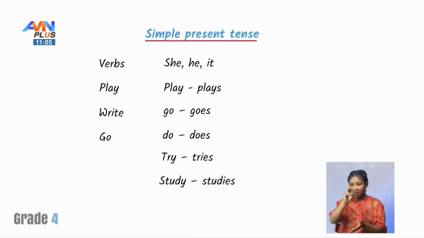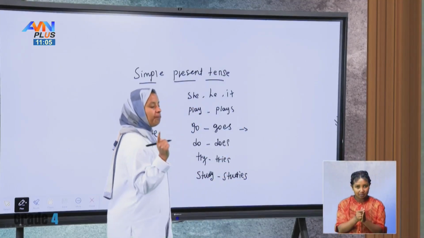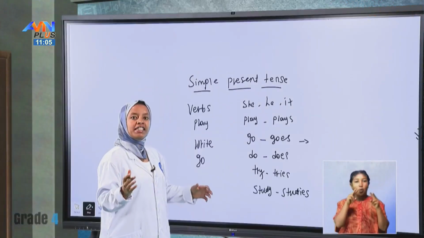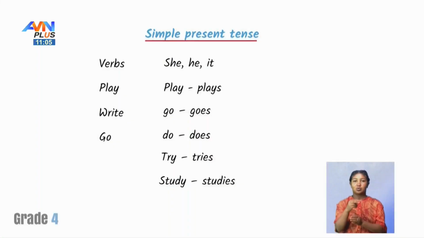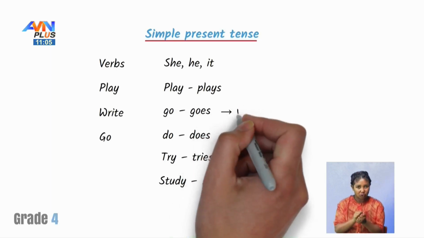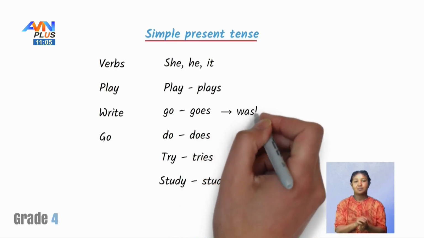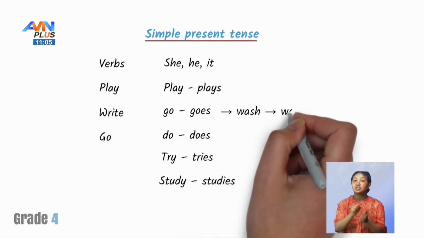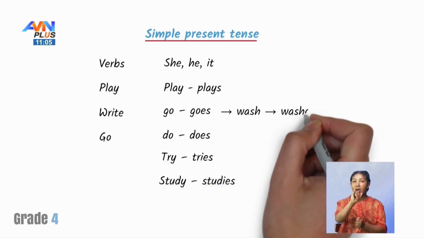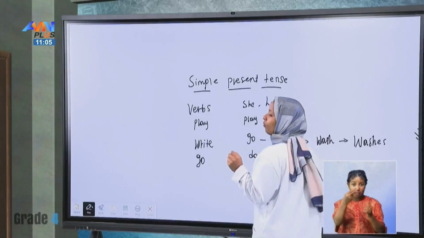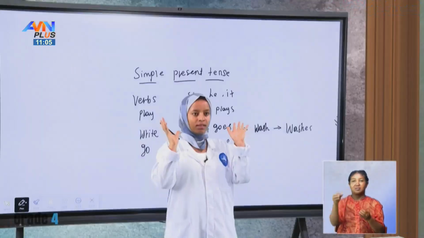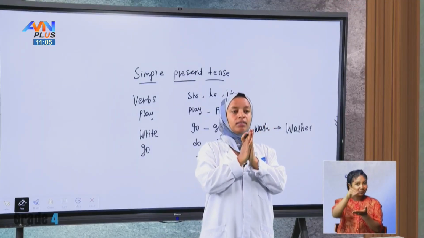And also we can add es to verbs like watch, ending with ch and sh. For example, wash, we easily add es: washes. Students, this was our previous lesson.